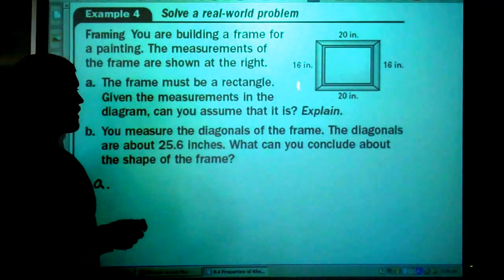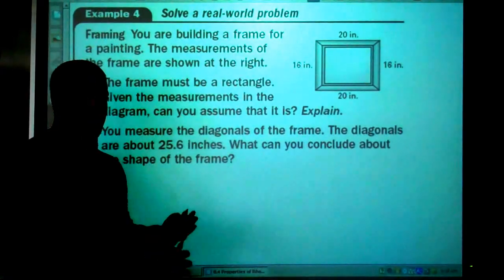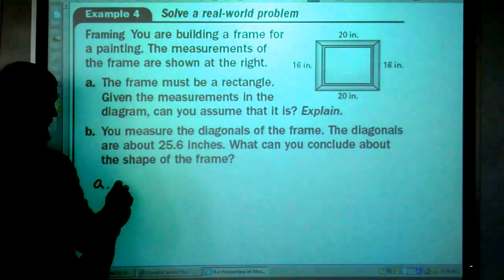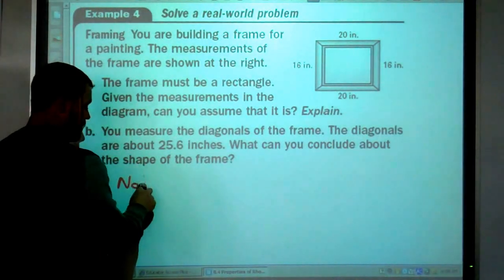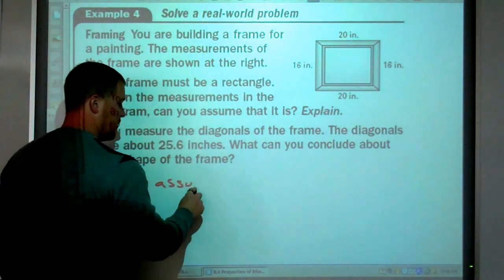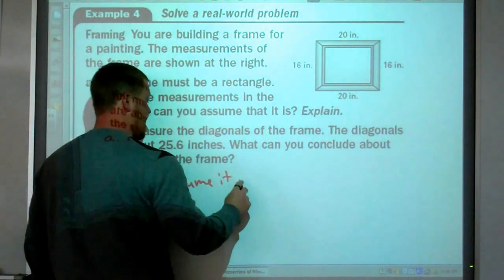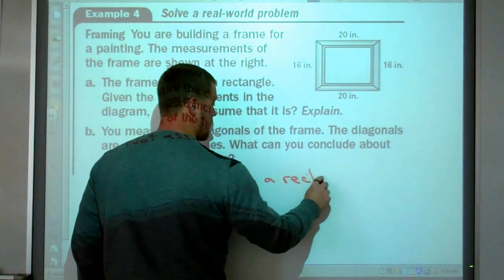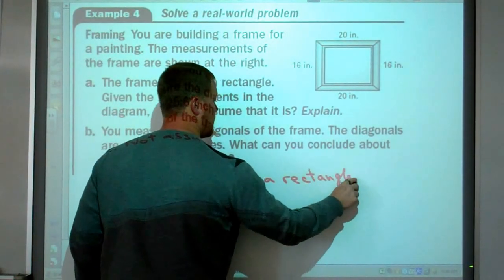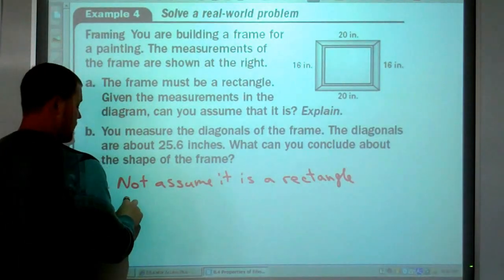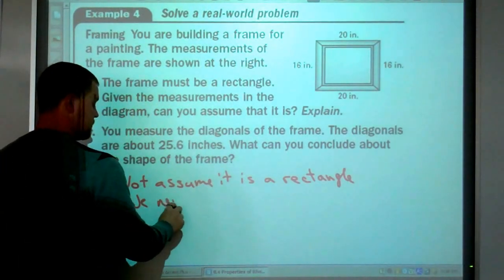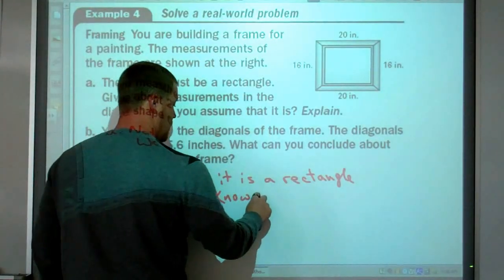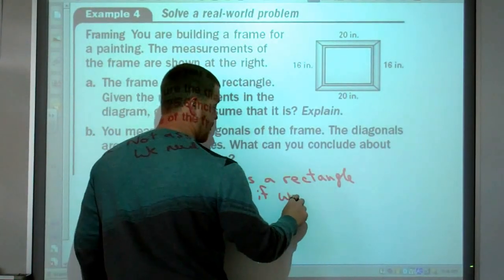That is a parallelogram, which may or may not be a rectangle. So with the information that's given, we cannot assume it is a rectangle. We need to know if we have right angles.